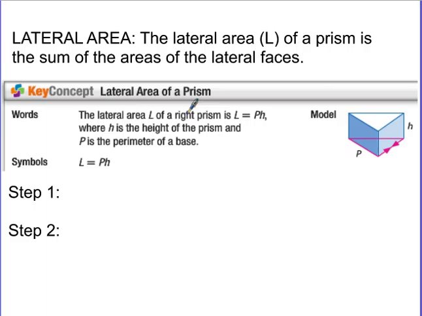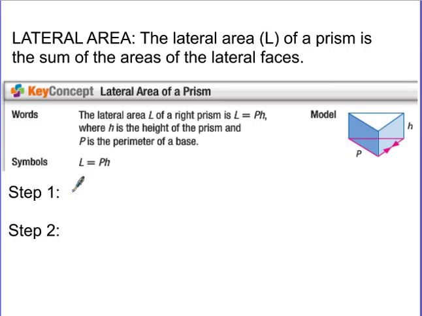The formula is this: lateral area of a prism is L equals P, which stands for perimeter, and that's going to be the perimeter of the base shape, times H. So it's P times H. H is the height or the altitude, the distance between the two bases. Whenever we're finding lateral area, we're going to have two steps.